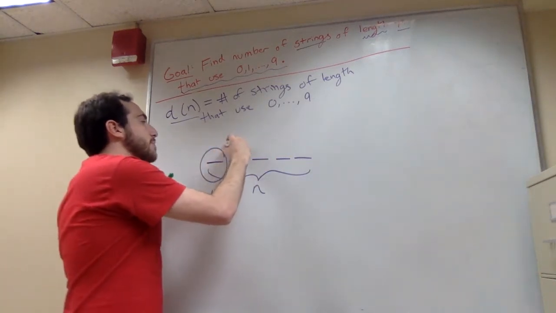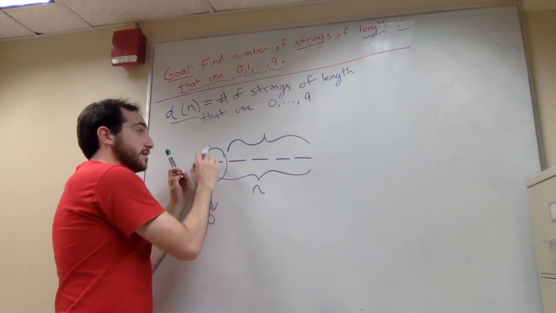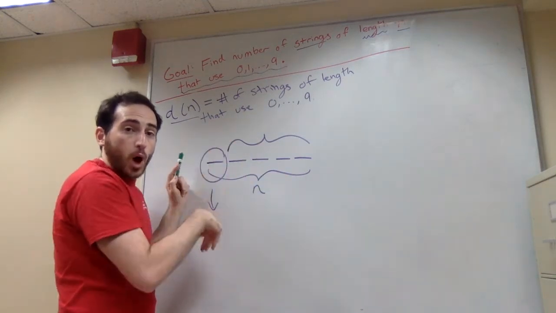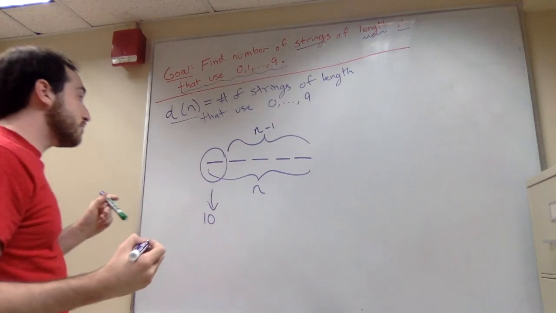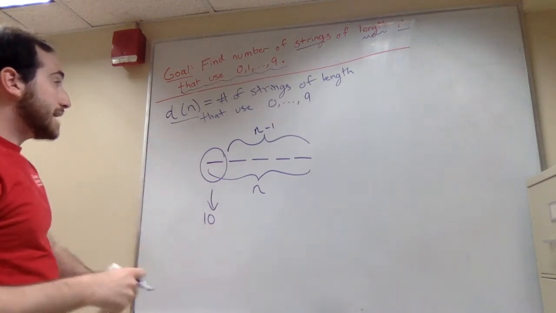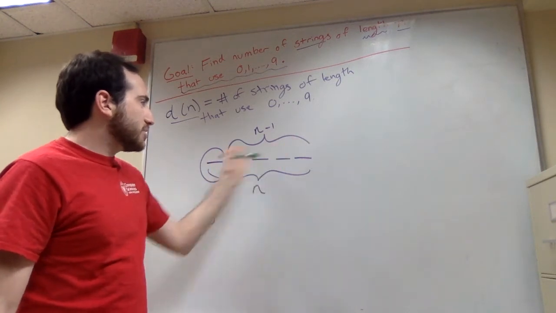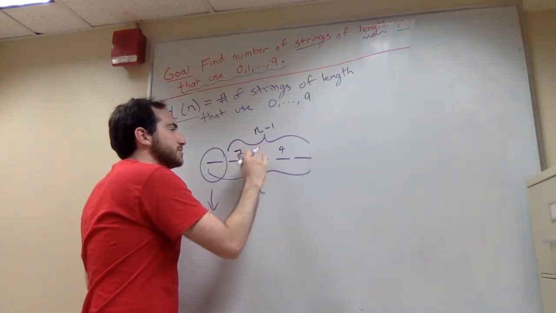And so how many slots are there? Well, there were n before, and we have fixed one of them. So there were n, we removed 1, now we have n minus 1 spots left. Now we want to put strings in here, like 7, 1, 4, or 7, 2, 4.